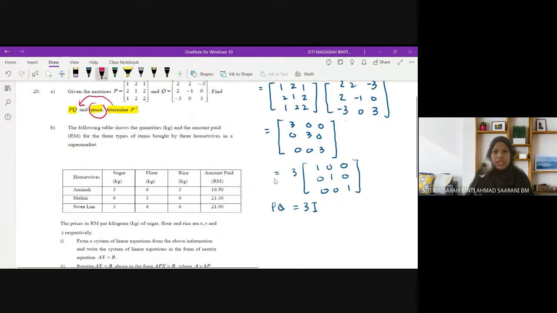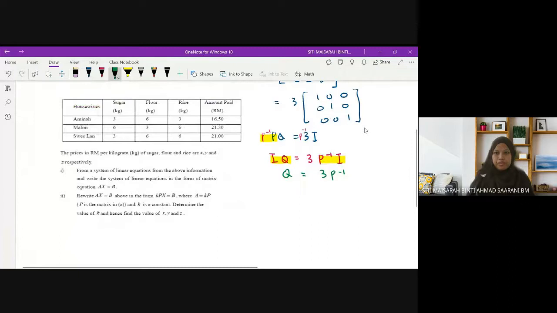So we have to multiply by P inverse at the front. So P inverse times P becomes I. Q equals 3 P inverse I. I times Q becomes Q, and P inverse times I becomes P inverse. So Q equals 3P inverse. Finally, we get P inverse is equal to 1/3 Q.